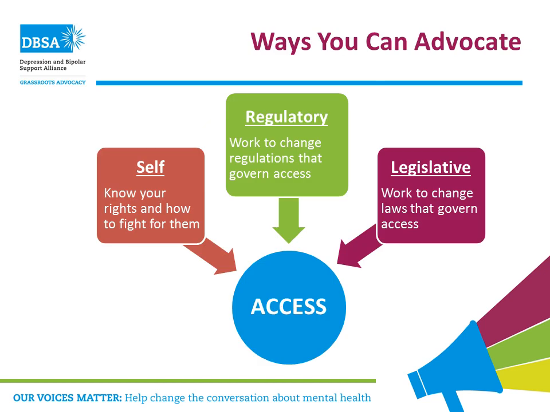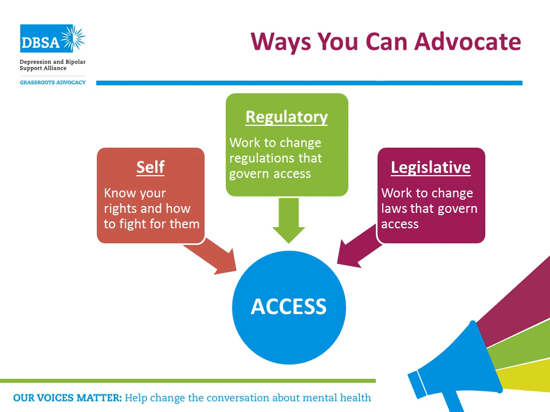So advocacy can take many forms, and the simplest of which is self-advocacy, the idea that your rights have been infringed upon by somebody or some group, and standing up and speaking up for yourself. At a more collective level, the Depression and Bipolar Support Alliance is engaged in regulatory and legislative advocacy.